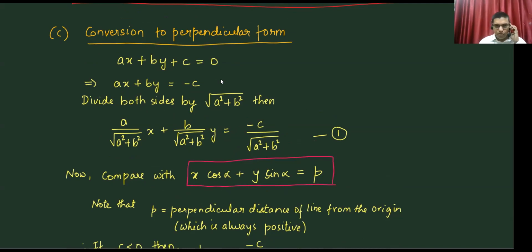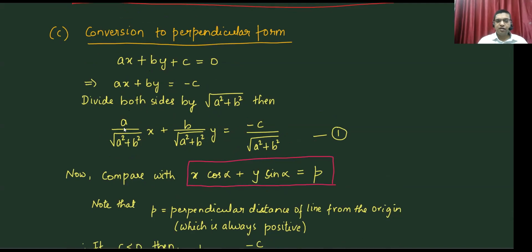So for that, because ax plus by is there, you take minus c, c to the other side, it becomes minus c, and divide by under root of coefficient of x square plus coefficient of y square.